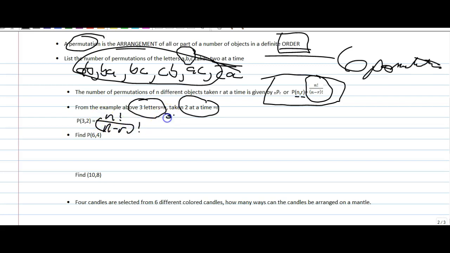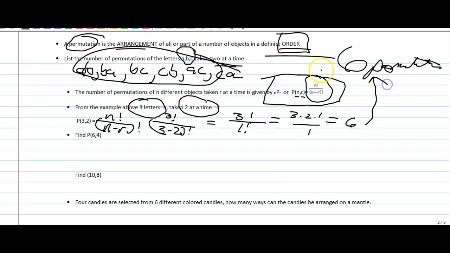So that's 3 factorial over 3 minus 2 factorial, which is equal to 3 factorial over 1 factorial. And of course, 1 factorial by definition is simply 1, and 3 factorial would be 3 times 2 times 1, which is equal to 6, which is the same thing that we got by listing all the possibilities using a sample space.